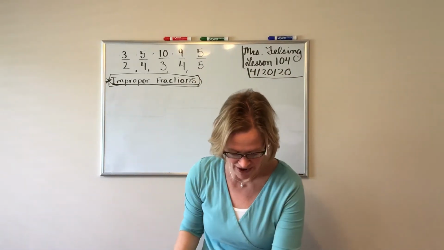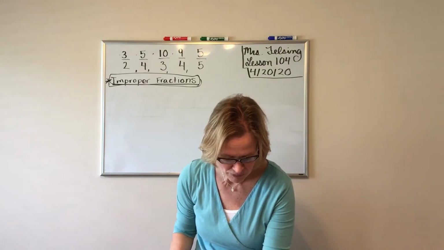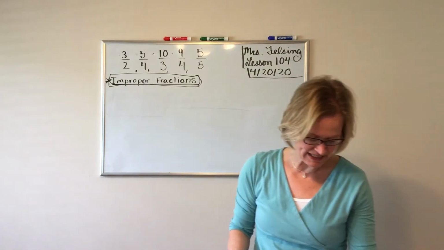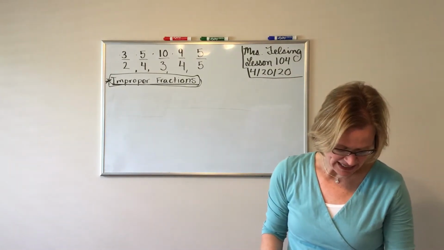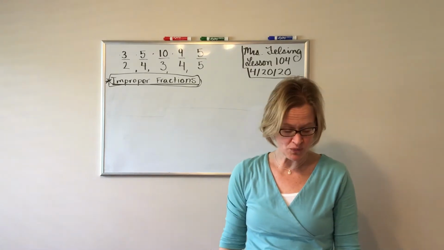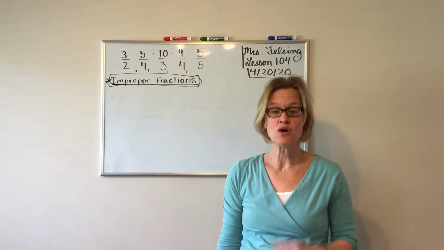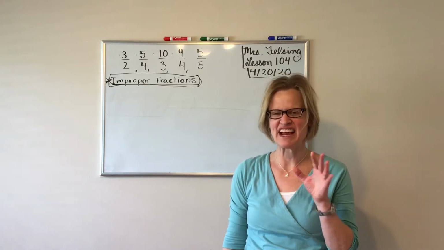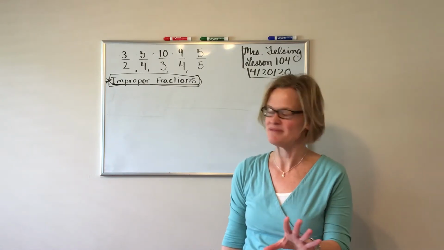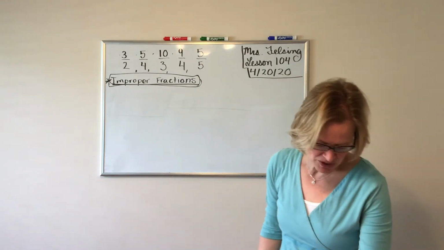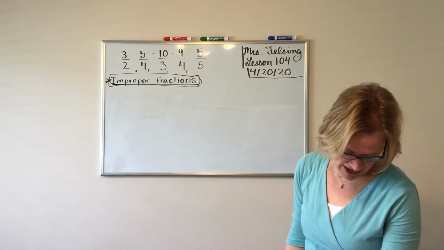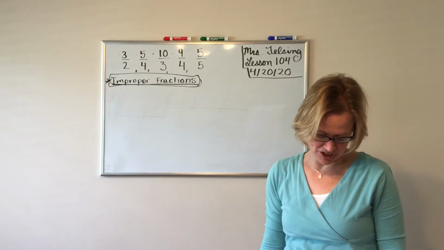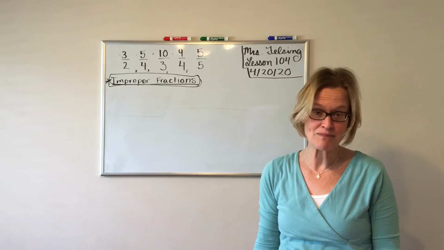Make sure that you have your book open to page 662. And we're going to go right to the lesson practice. We'll go through these together, and then that'll help you know for sure what we're doing. So let's take a look. What it says here on letter A is, change each improper fraction to a whole number or a mixed number.